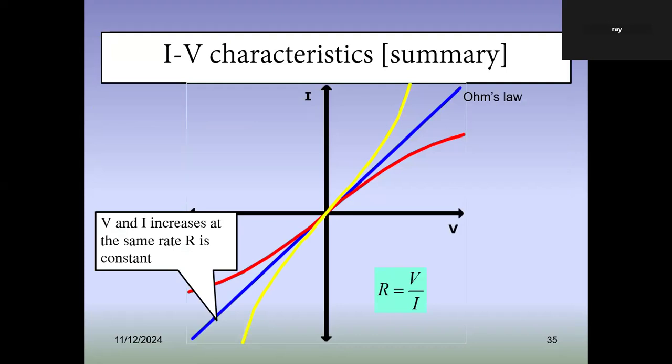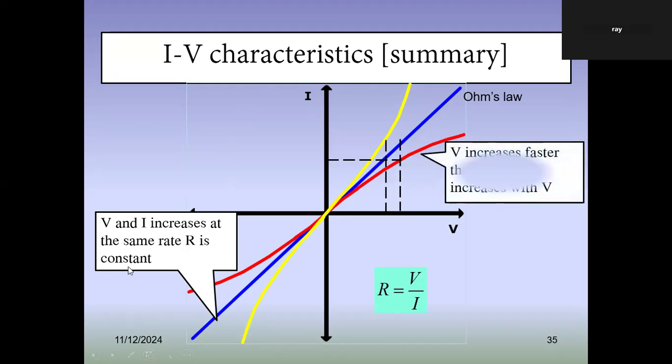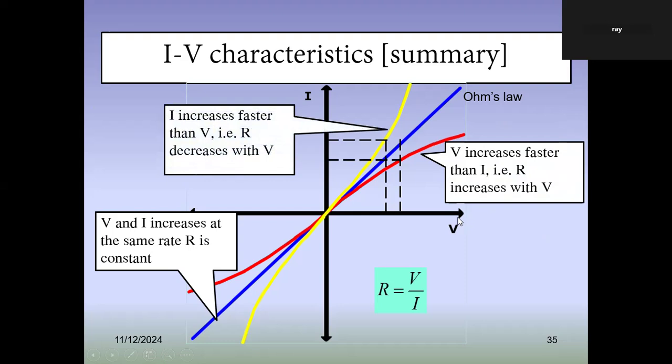Okay, the I-V characteristic, you should be able to recognize that. Blue is Ohm's law, so I and V increase at the same rate. The red line, V increases faster than I. If it curves that way, then R increases with V. Yellow is like the diode, where I increases faster.